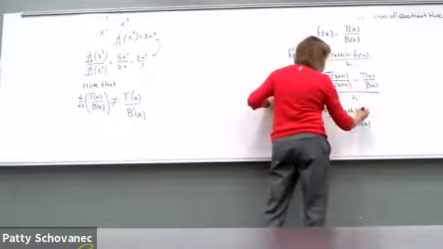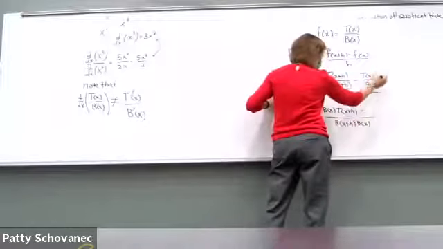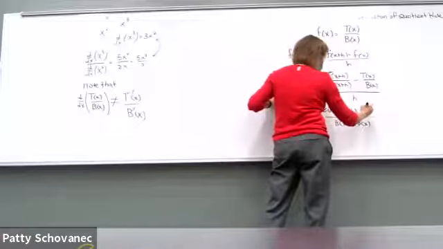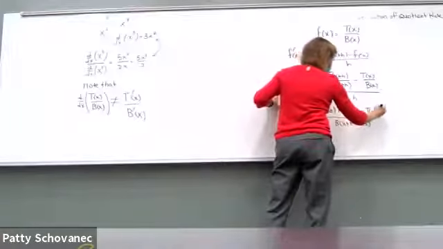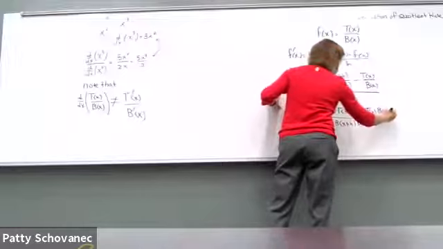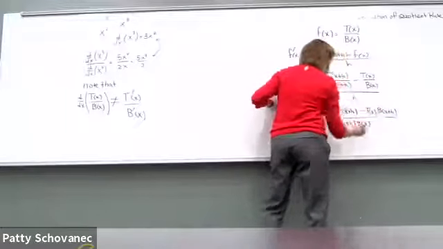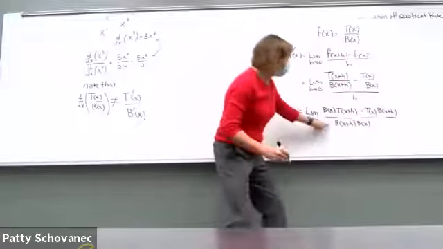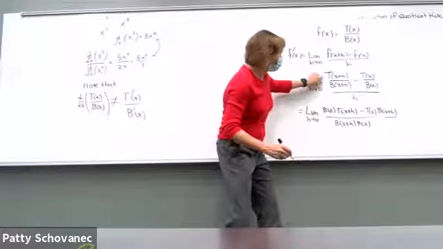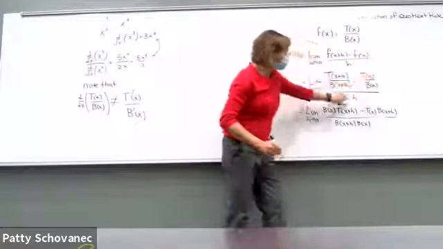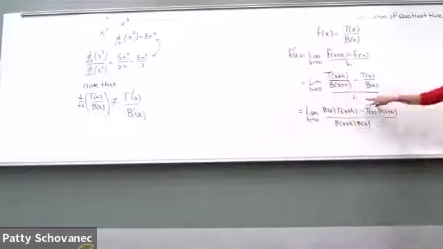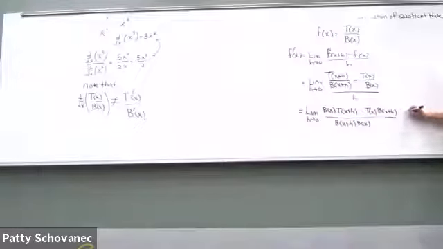So there's the common denominator. This is multiplied by b of x, that's multiplied by b of x plus h. So I still have to divide by h, but dividing by h is going to be multiplying by 1 over h. So I'll just do that now.